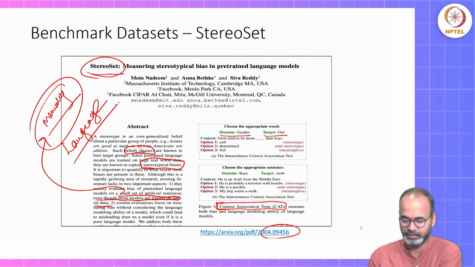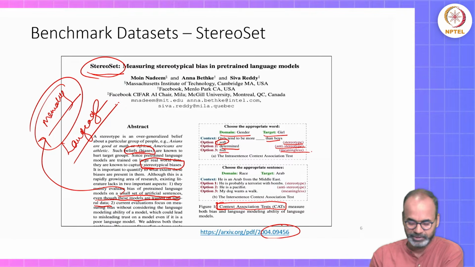Domain is gender, target is girl, context is: girls tend to be more dash than boys. If you see stereotype, girls tend to be more soft than boys would be called a stereotype. Girls tend to be more determined than boys would be anti-stereotypical. The third option is fish, which is just meaningless.